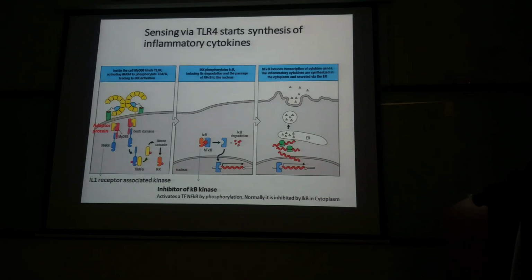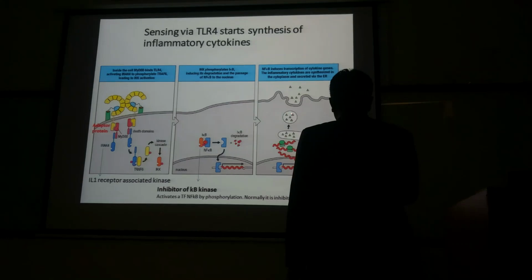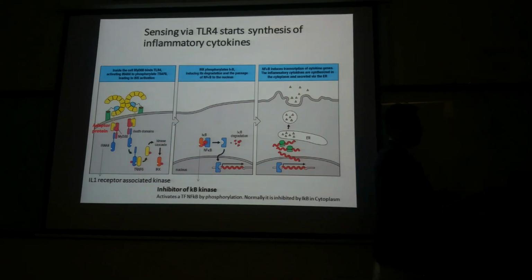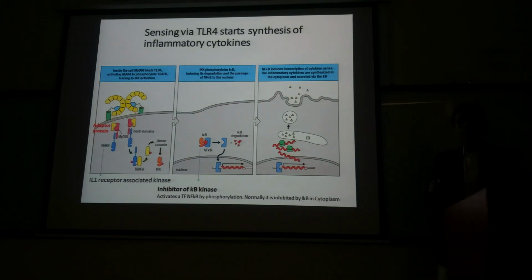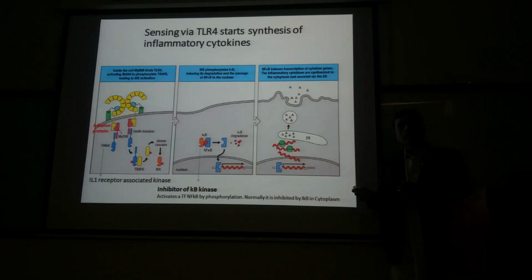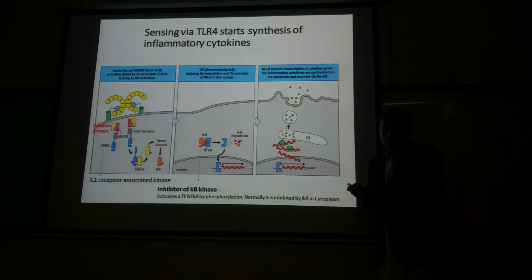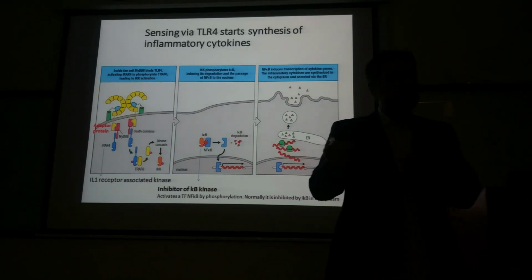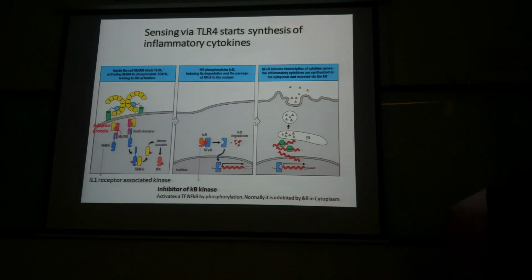So this is what I already talked about, that NF-kappa beta induces transcription of cytokine genes, and the inflammatory cytokines are synthesized in the cytoplasm and secreted via the endoplasmic reticulum. Whatever is synthesized inside the cell is not simply poured into the cytoplasm of the cell.